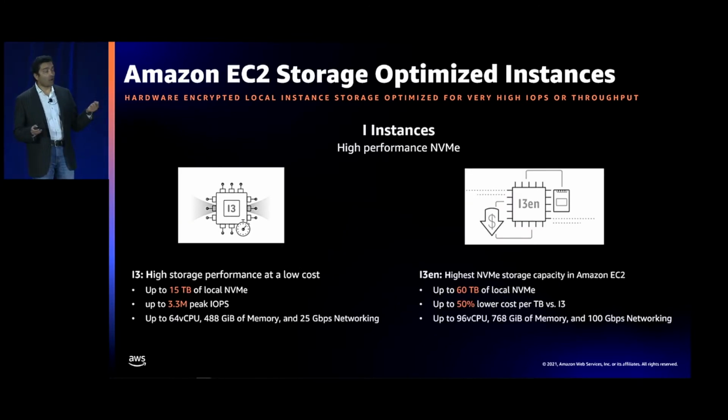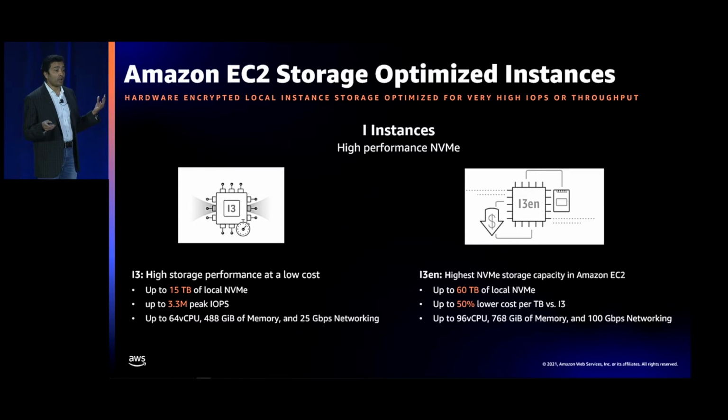If I click down into what these i3 and i3en instances are, this is a good overview of it. The i3 instance is a good balance of compute and high storage performance, really designed to help workloads with small to medium-sized data sets that require a lot of compute performance and a good amount of storage performance.